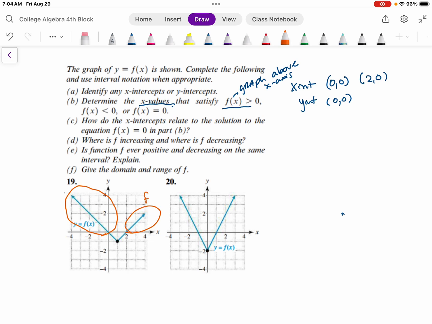That's when f of x is positive. The answers are positive y values. So for that part, f of x is greater than 0 from negative infinity to 0, union from 2 to infinity.